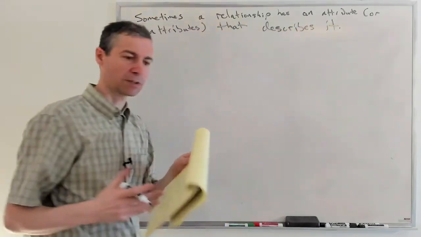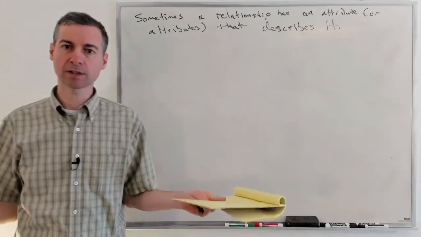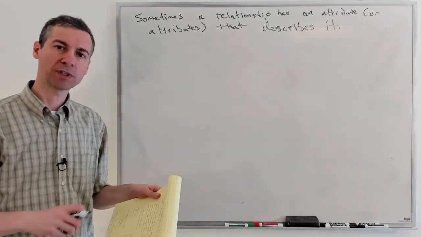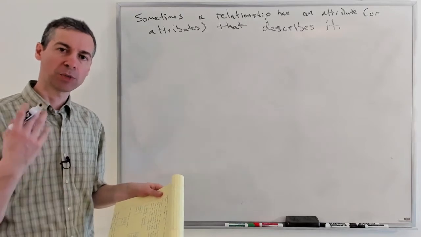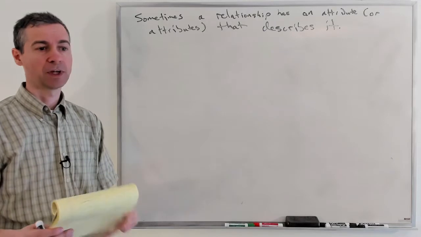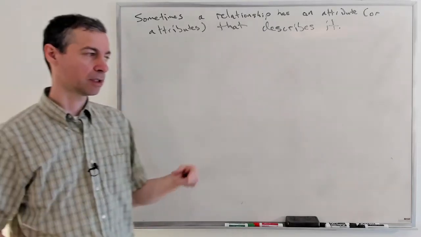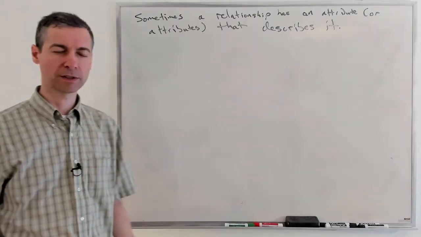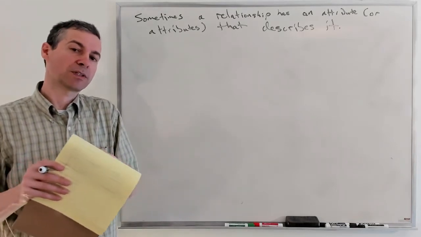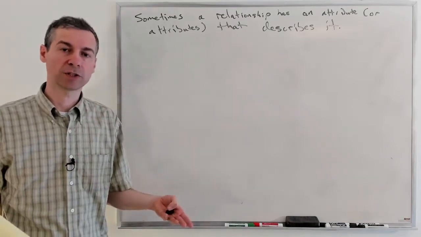So it's not just that the relationship ties together these entities, but there's something about the nature of that relationship that needs to be described between the two of them. And it could be different, there could be things that we need to talk about the relationship.